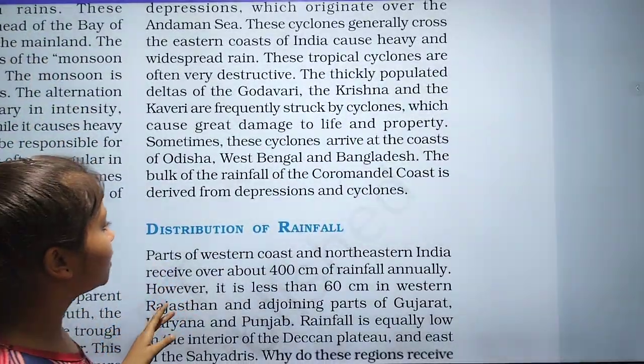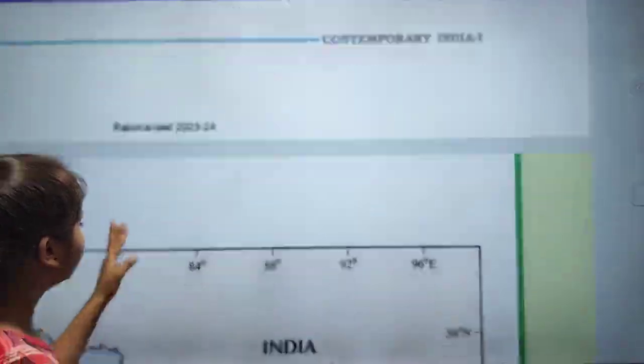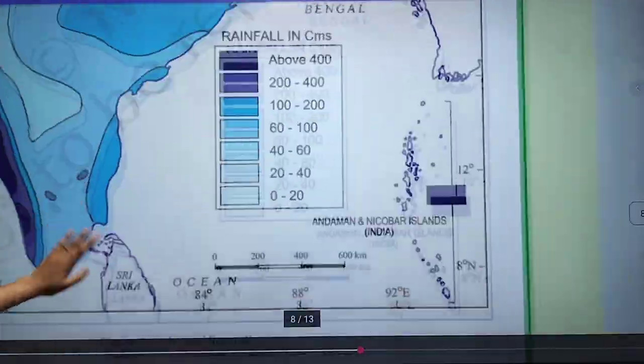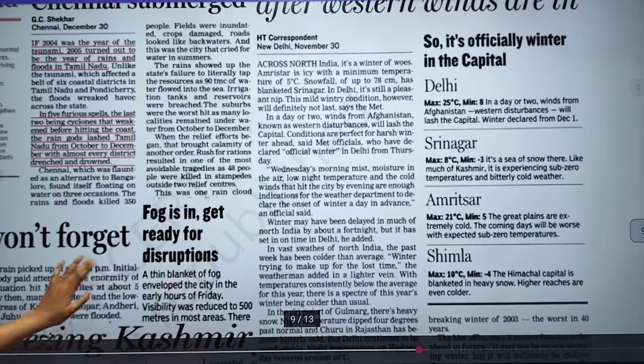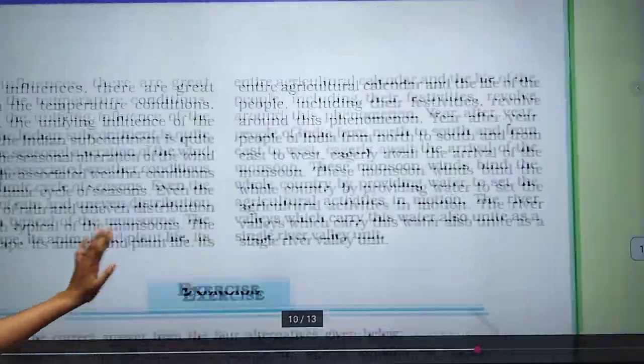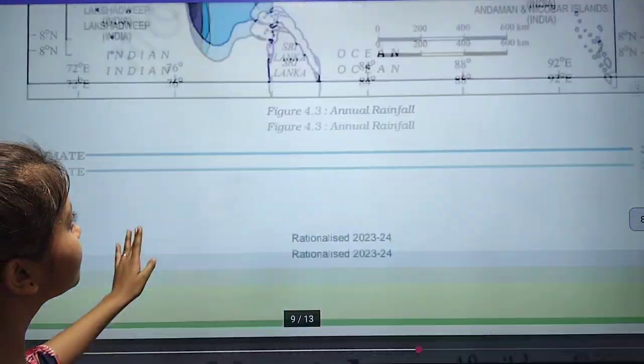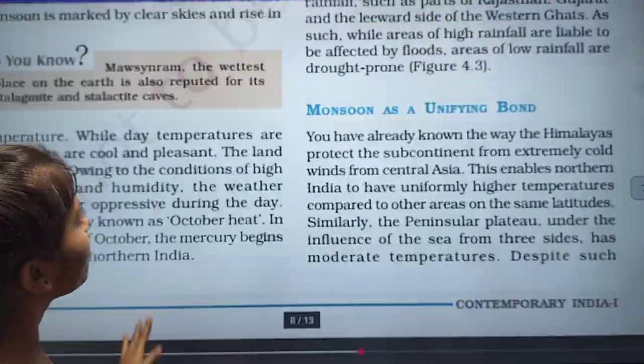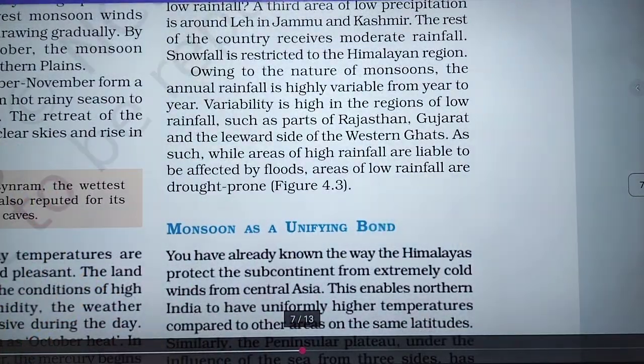Before this we read about the distribution of rainfall. After that the chapter ends. This is the last topic, the monsoon as a unifying bond.